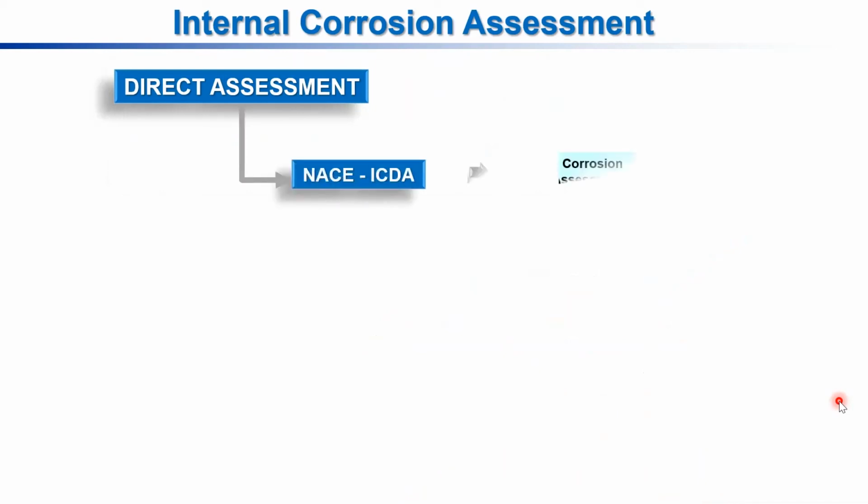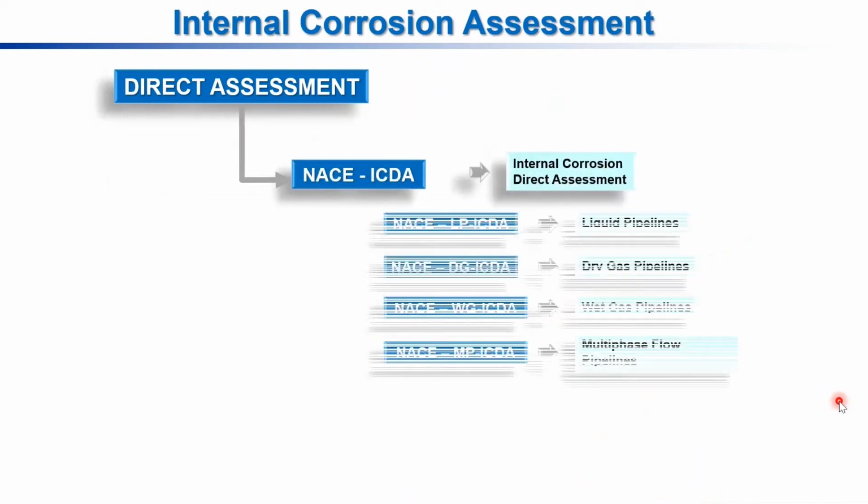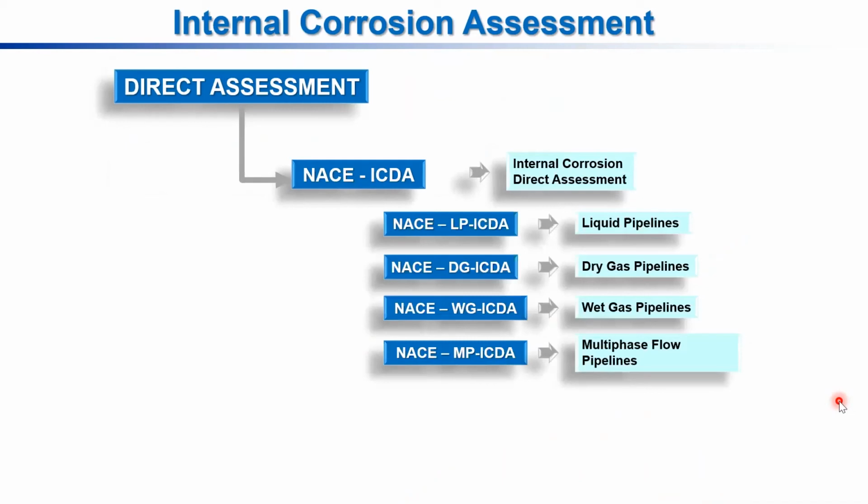From the internal corrosion, we have the liquid petroleum pipelines, all those pipelines that are carrying liquids, liquid petroleum like oil, products from refineries, etc. We have the dry gas.